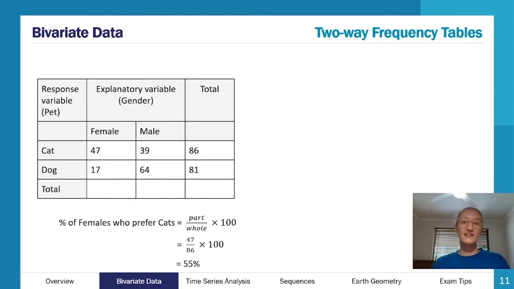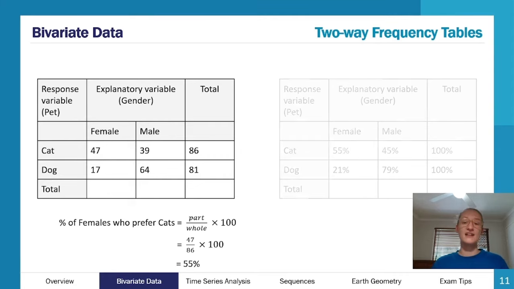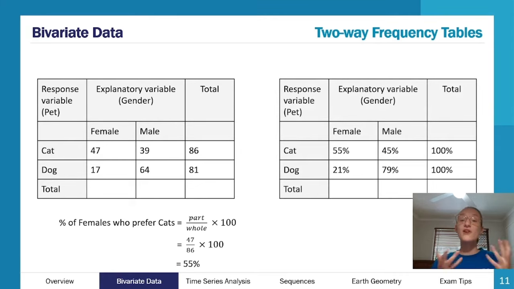And then if I fill out the rest of my table, I'll have a lot more data I can discuss as well. So here is an example of that table all filled out. You can see that 55% of the people who prefer cats are female, and then that leaves 45% of males who prefer cats, because again, we know it's going to add up to a total of 100.